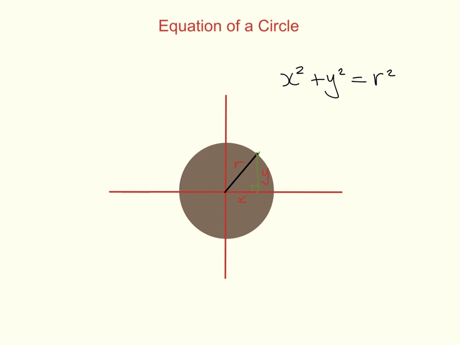The hypotenuse squared is equal to that square plus that square. And this is the equation of a circle, provided that the center of that circle is the origin. That's basically our starting point.